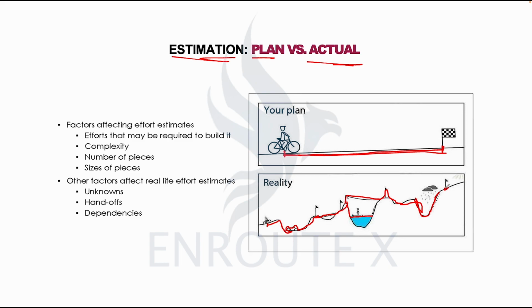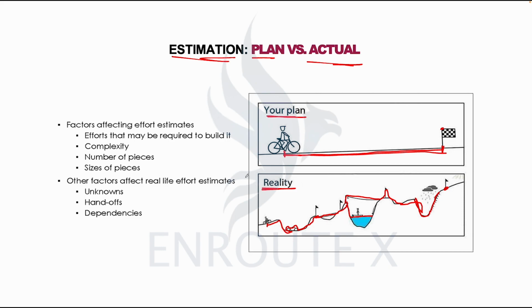This destination here is the same as the destination here, but we can see the difference in your plan and the reality. How this plays out on the field is that developers would commit to a particular task, and in the course of their delivery, they would encounter different challenges, different problems, dependencies, blockers, and the rest.